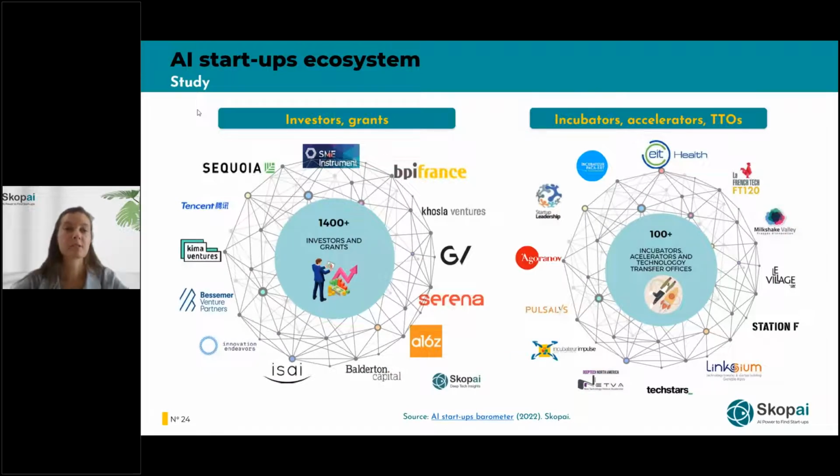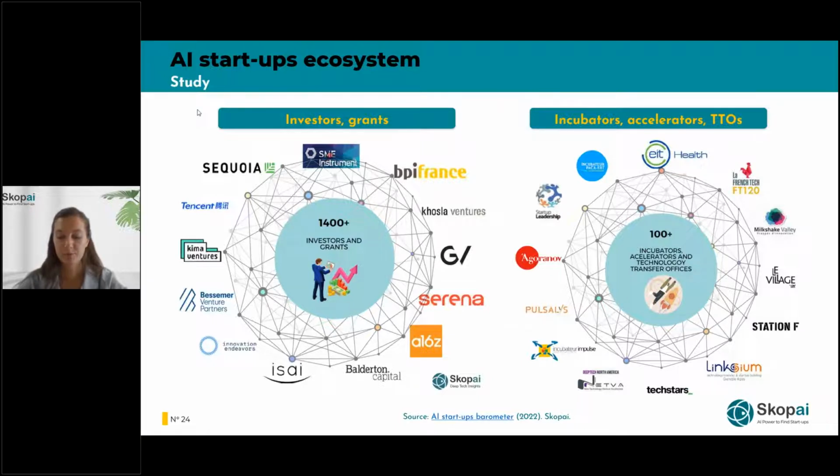Also, the study maps the different actors to whom startups are related. For example, it was found that AI startups have been financed by more than 1,400 different investors and grant programs, which include, for example, the SME Instrument Program by the European Commission, BP France, Google Ventures, Sequoia Capital, and others.